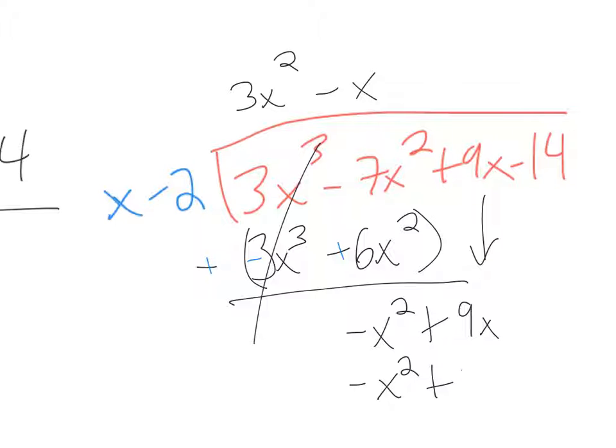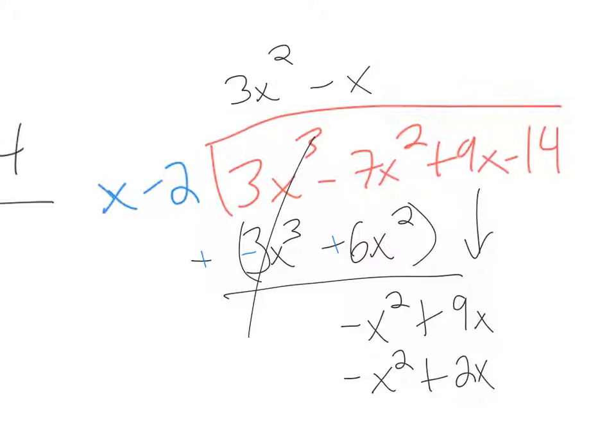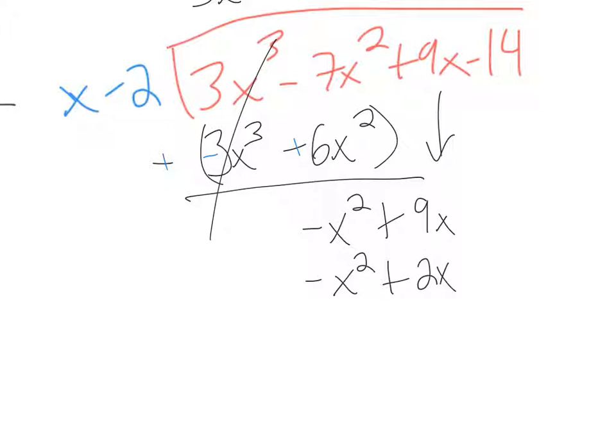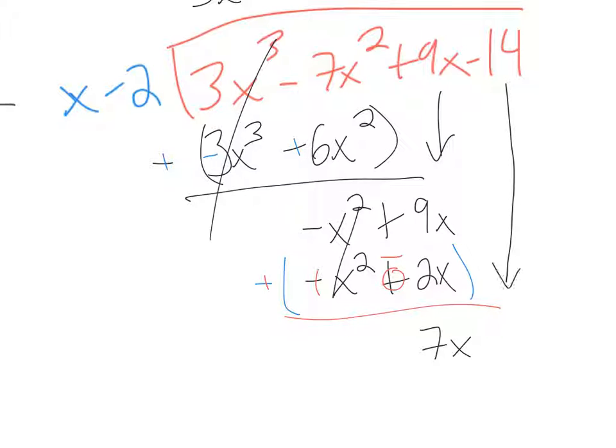You get plus 2x. And then we can subtract. Add that negative all the way through. And this thing gets canceled out here, leaving you with just 7x. Bring down that last term, negative 14.